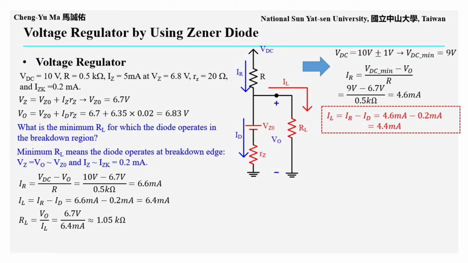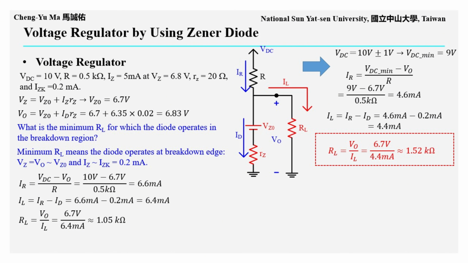Then the current flowing into load resistor RL is IR minus ID, which is 4.6 milliamps minus 0.2 milliamps, giving 4.4 milliamps. Finally, RL equals VO over IL, which is 6.7 volts divided by 4.4 milliamps, or 1.52 kiloohms.